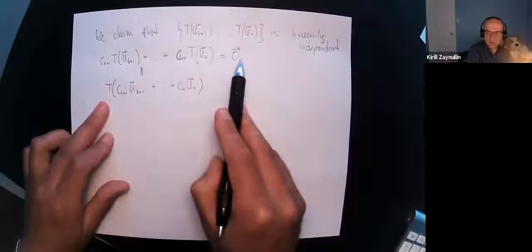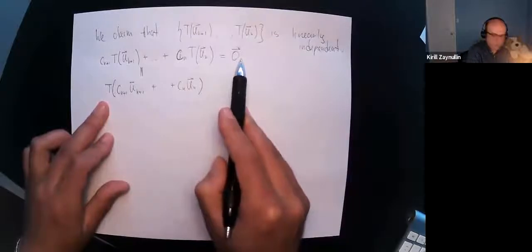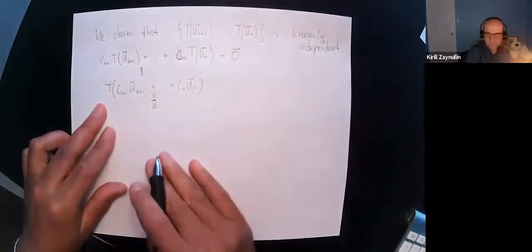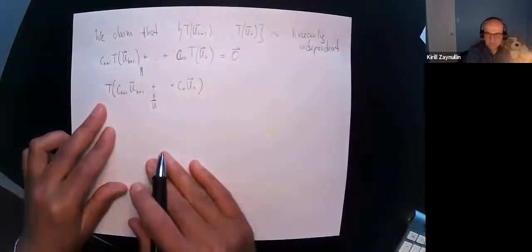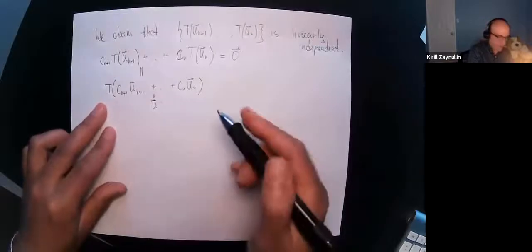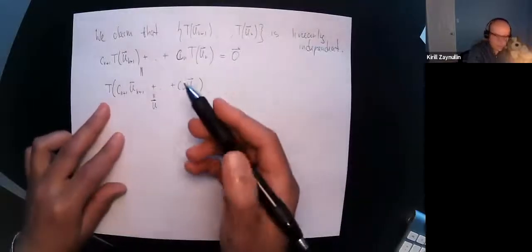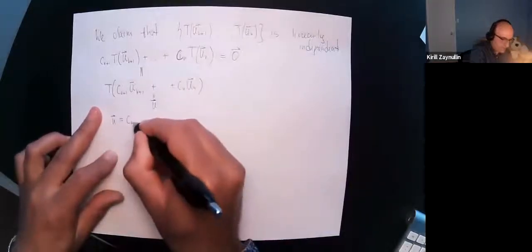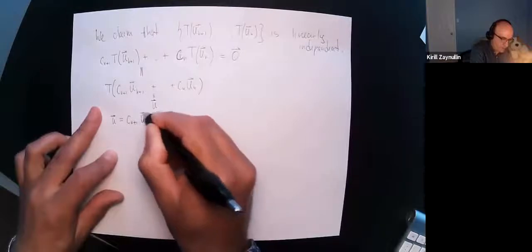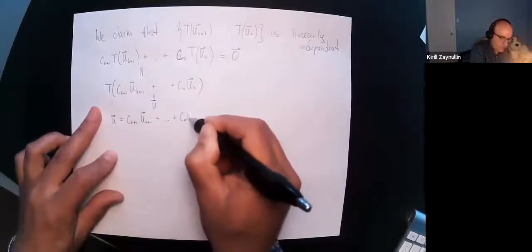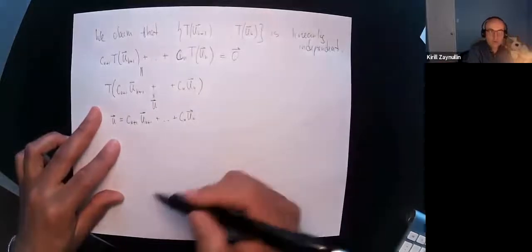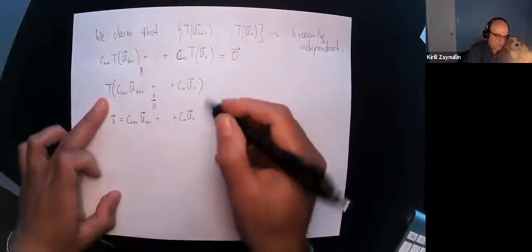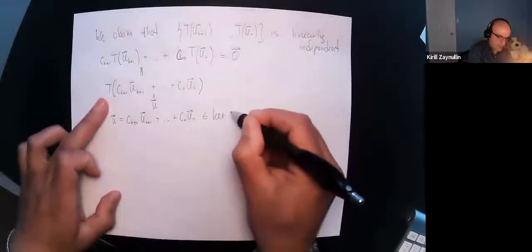So if we denote this vector by u, then what do we obtain? This vector c(k+1) u(k+1) plus, and so on, plus cn un belongs to the kernel of T, because if we apply T to this vector, we get 0. So this vector must be inside the kernel.